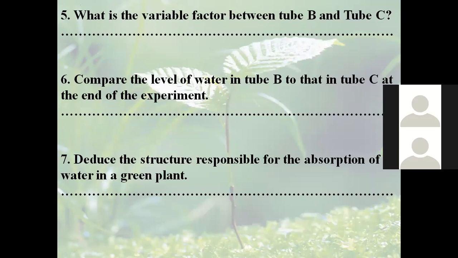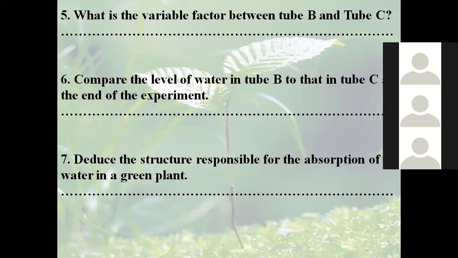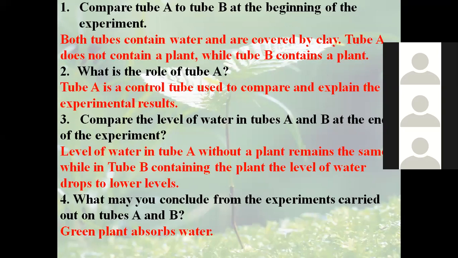Deduce the structure responsible for the absorption of water in green plants. What is the structure that is responsible for the absorption of water? Which part of the plant absorbs the water? The roots. Yes, they absorb the water.